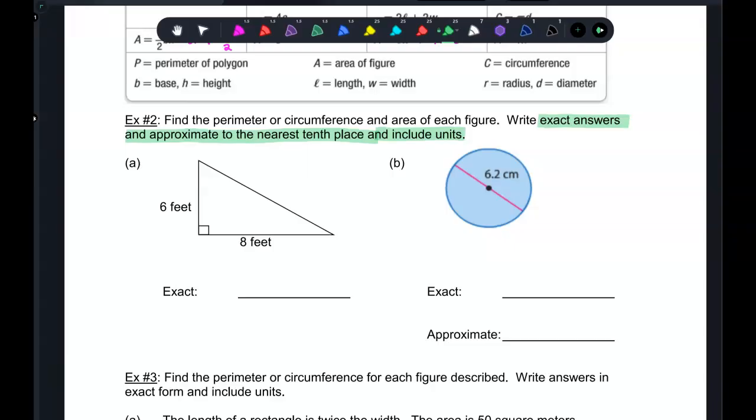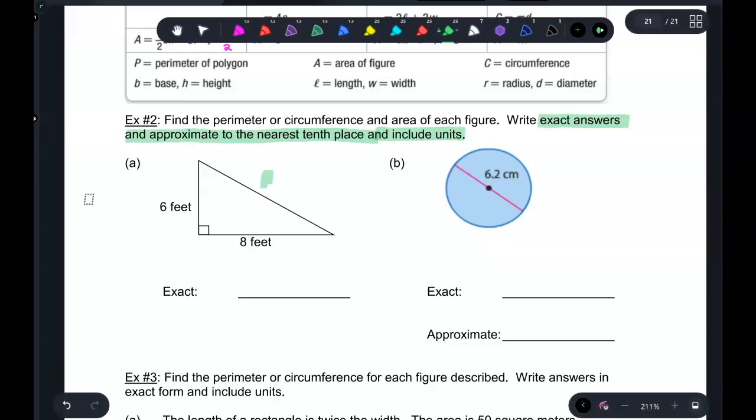So let's do perimeter. The first one, what do we call that? That's a right triangle because it has a right angle. I am going to add up all the sides to find the perimeter, but we have a problem here. We're missing one of the sides. Oh no, we have to do Pythagorean.